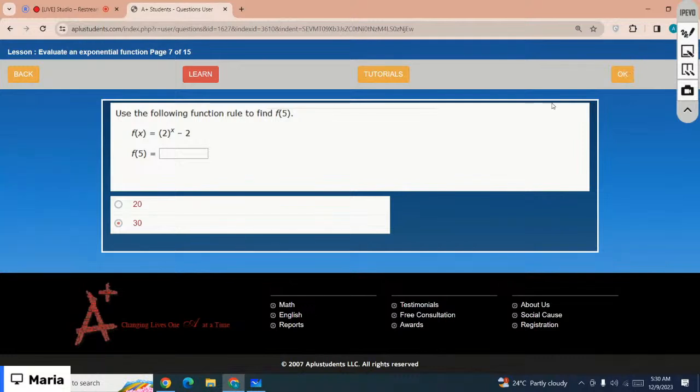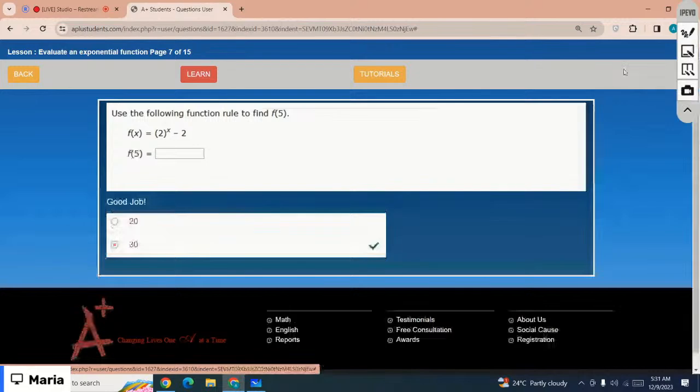Yes, the correct option is 30 because 2 exponent 5 is 32 and 32 minus 2 is 30. You can complete the lesson by yourself. We just move on to the next lesson.